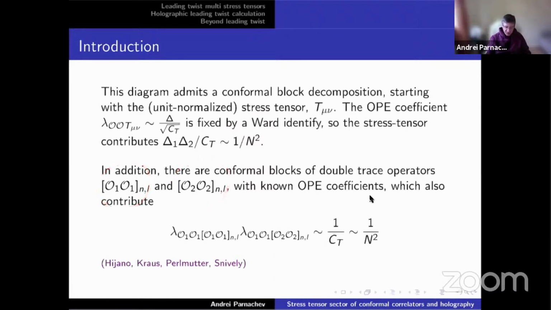And the OPE coefficient is actually known. And as I mentioned, this guy scales like 1, this guy scales like 1 over N squared. So the whole contribution is indeed something that scales like 1 over N squared. But in holographic theories, these numbers are also known.